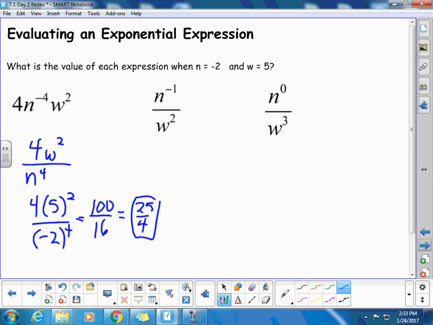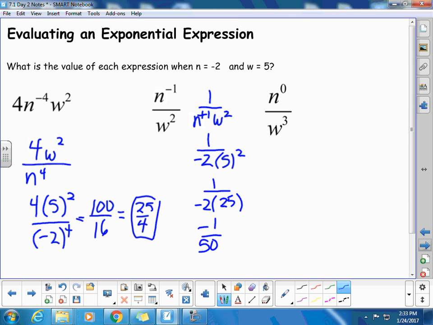All right, this one, again, I'm going to move the n to the denominator and lose it, make the negative a positive. So 1 over negative 2 times 5 squared. 1 over negative 2 times 25. I think we did this one yesterday, which is 1 over negative 50 or negative 50 over 1.